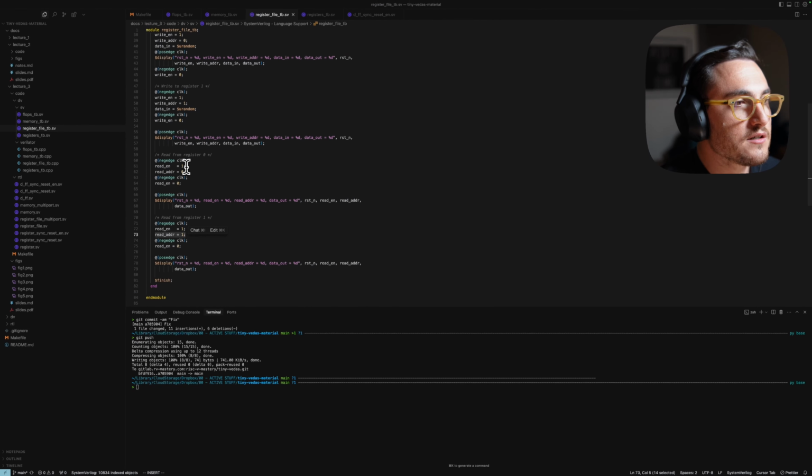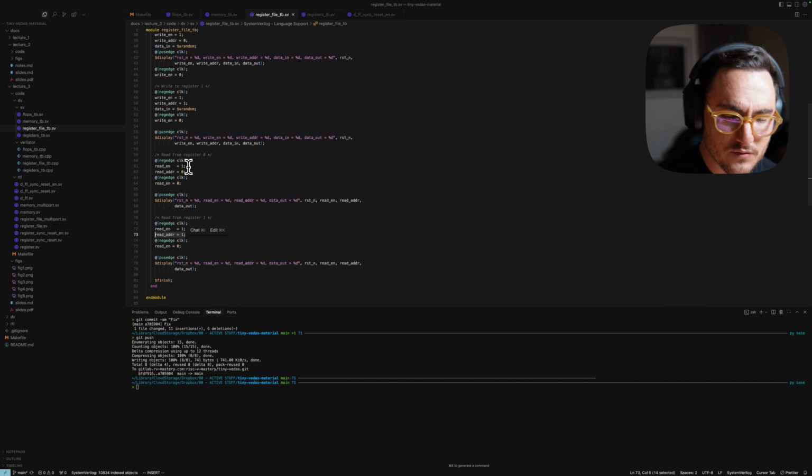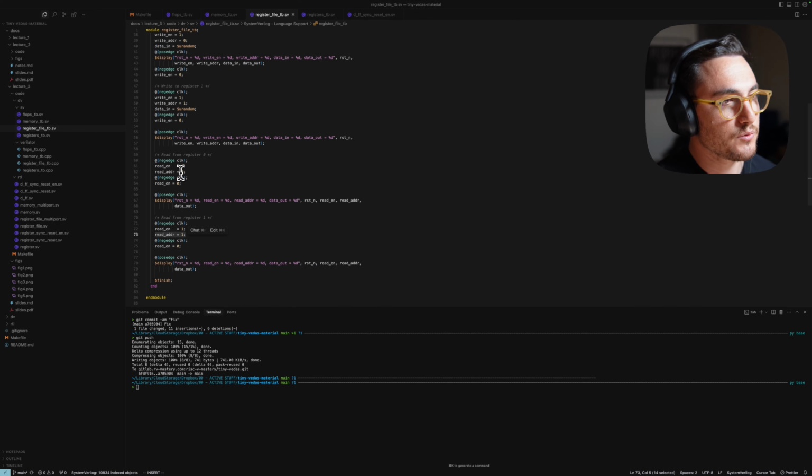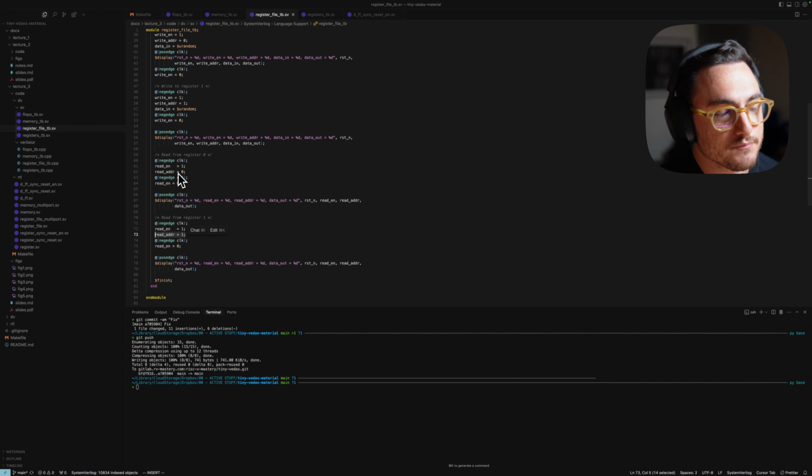And you can see here I've added a read enable to this register file. Sometimes you have it, sometimes you don't. This really depends on how critical the power is in your system. We're gonna assume that for our tiny Vedas processor, we're gonna have a read enable.